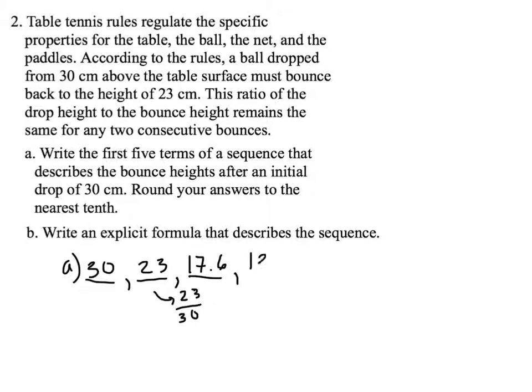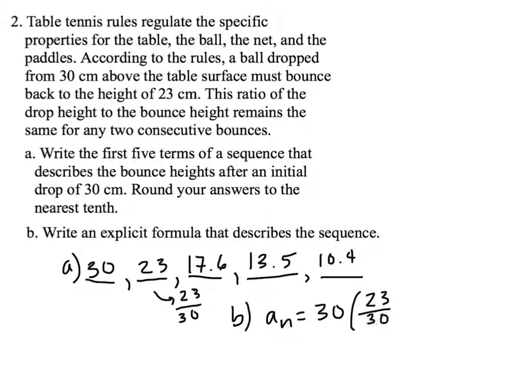So I went through and just kept multiplying by that common ratio and rounding off the answer to the nearest tenth as directed in the problem. An explicit formula for this would be a sub n equals a sub 1, which is 30, times r, which is 23 thirtieths, to the quantity n minus 1.